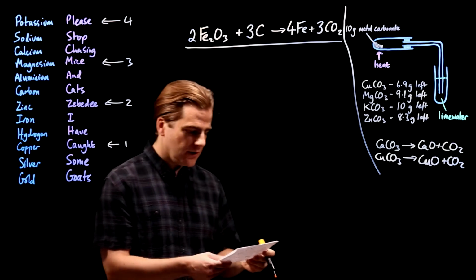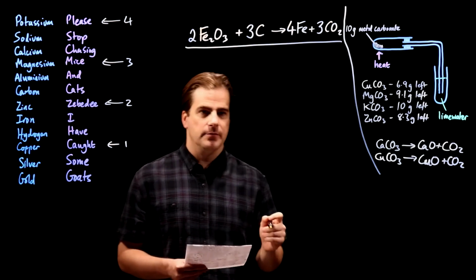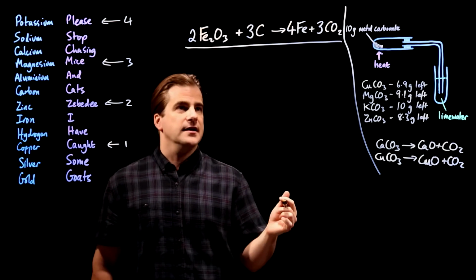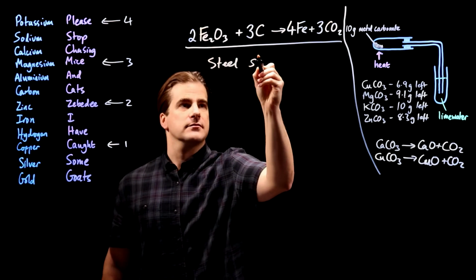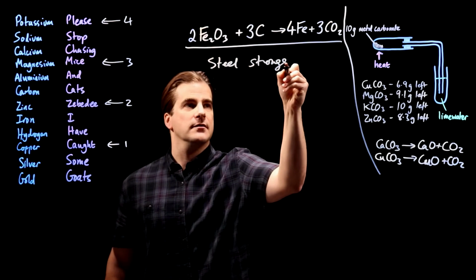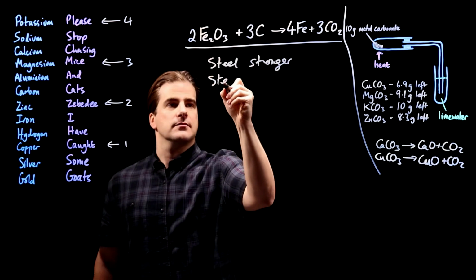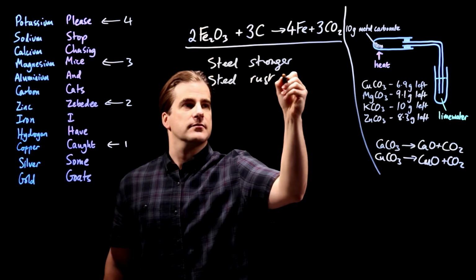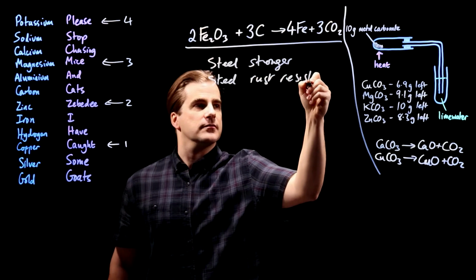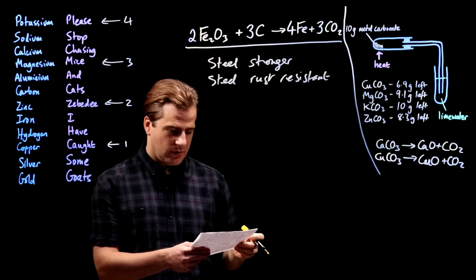Right. 2 reasons why iron produced in a blast furnace is converted into steel. Well, firstly, steel is stronger than iron. Okay, so that'll get you a mark. Steel is more rust resistant. Okay, and there's one more.